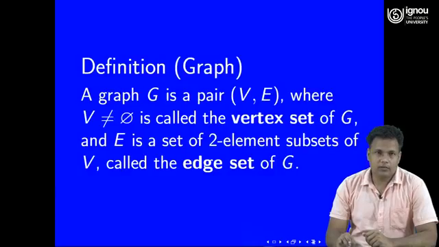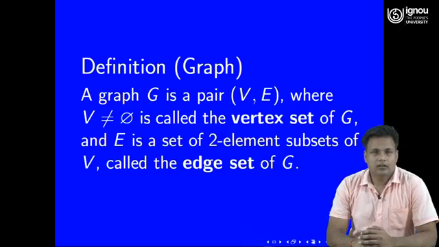So first let's look at the definition of a graph. A graph G is a pair of sets, namely V and E, where V is called the vertex set of G. It must be a non-empty set, and E is a set of 2 element subsets of V. It's called the edge set.